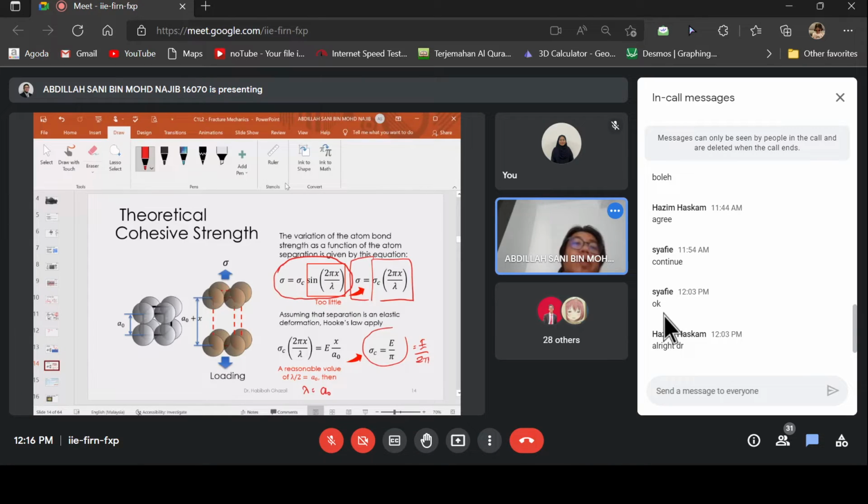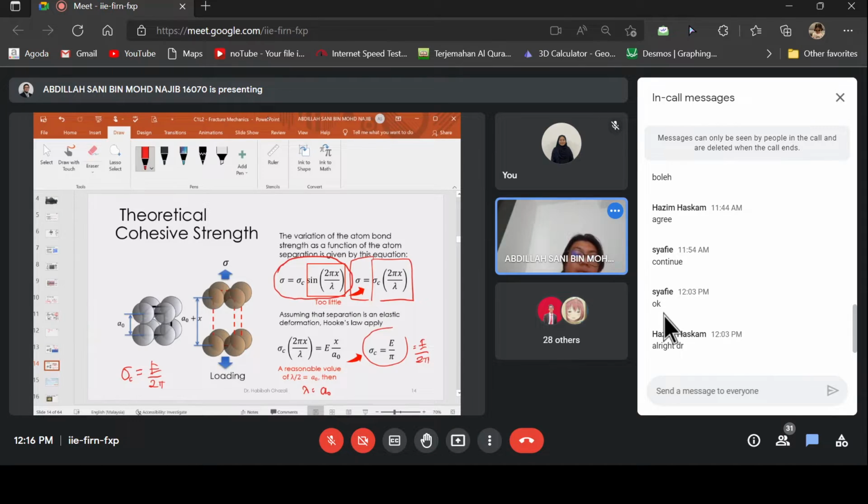Based on our calculation just now, we have sigma c equal to E over 2 pi. This is what we get from our derivation just now.